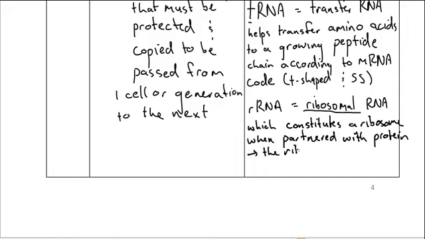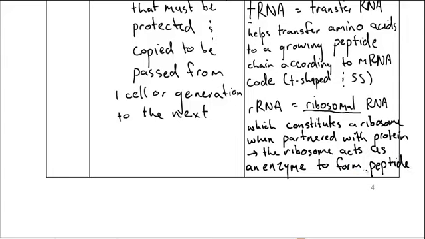The ribosome acts as an enzyme to form peptide bonds. It does a dehydration synthesis between the amino acids, forming peptide bonds between amino acids.